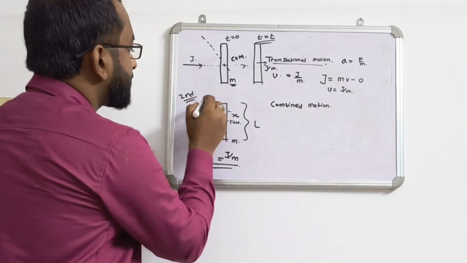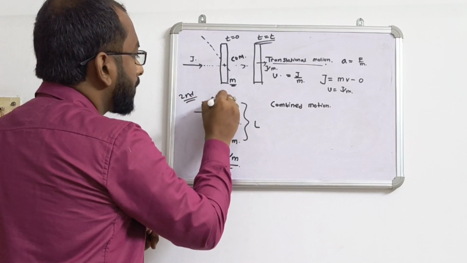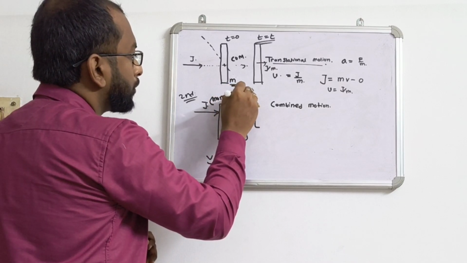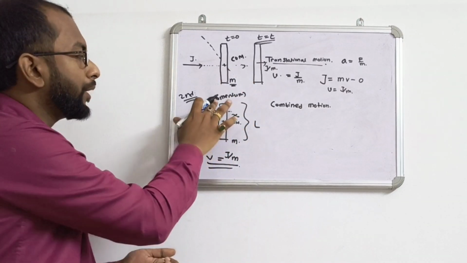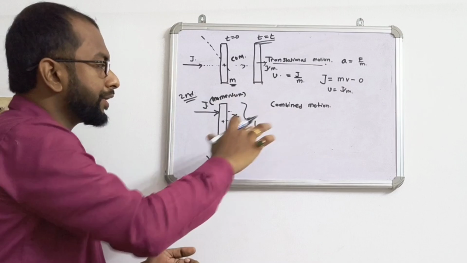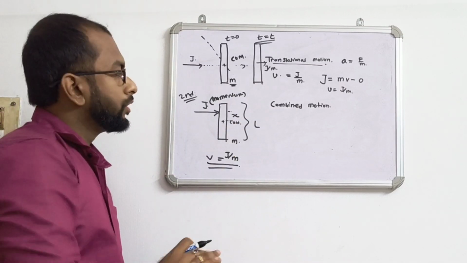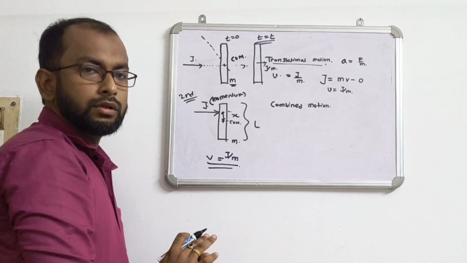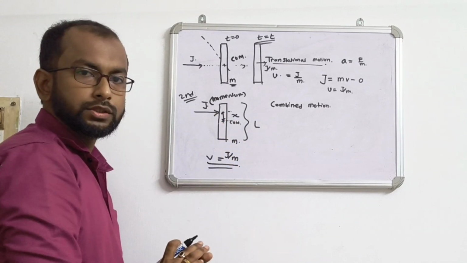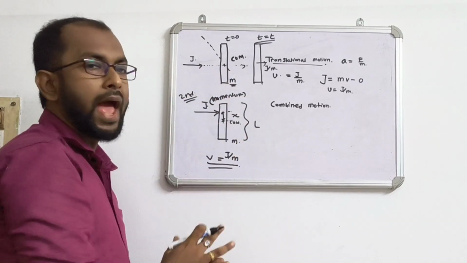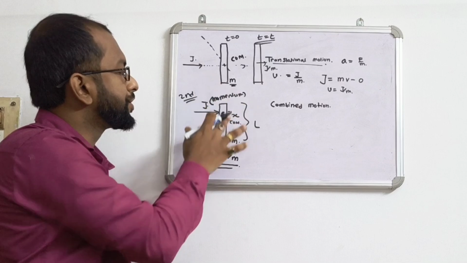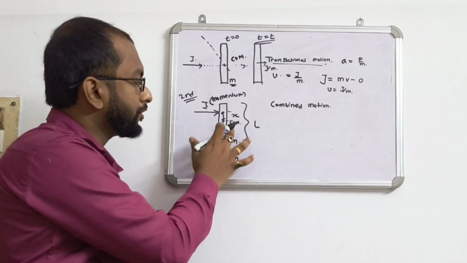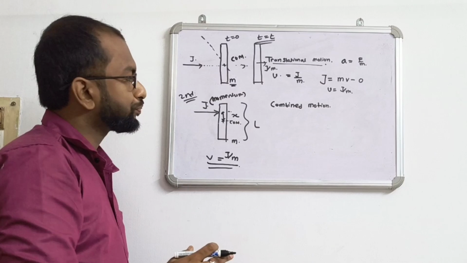We can say that impulse means momentum is applied on the body. This momentum is not coinciding with the center of mass. This momentum is at some distance x. So with respect to the center of mass, it is having some angular momentum, or due to this j, some angular momentum will be changed for this body of mass m.